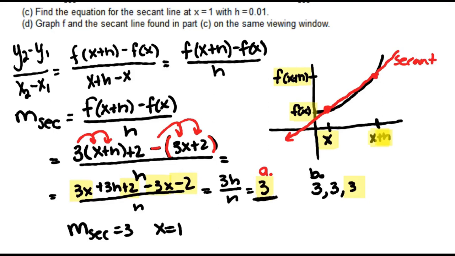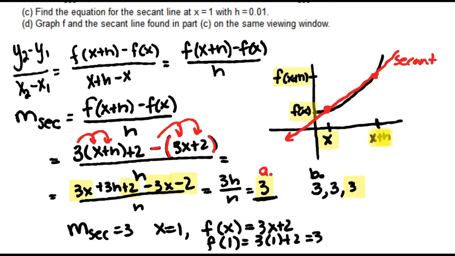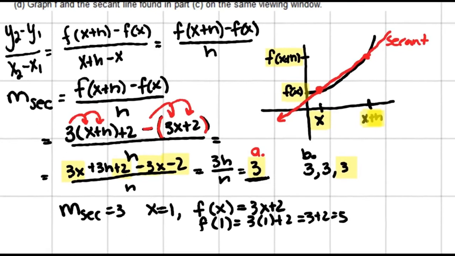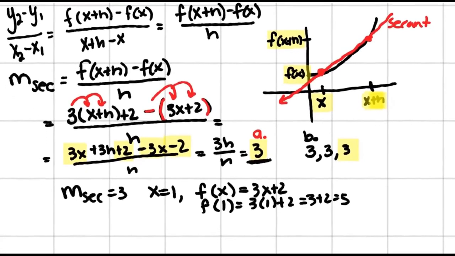We need to have the y value at that point. So remember, my function is f of x equals 3x plus 2. f of 1 is 3 times 1 plus 2. That's 3 plus 2, which is 5. So this is the ordered pair that I'll use to find the equation of the secant line.